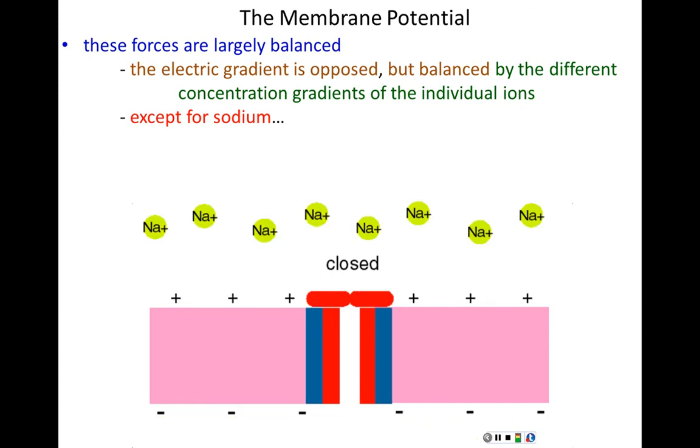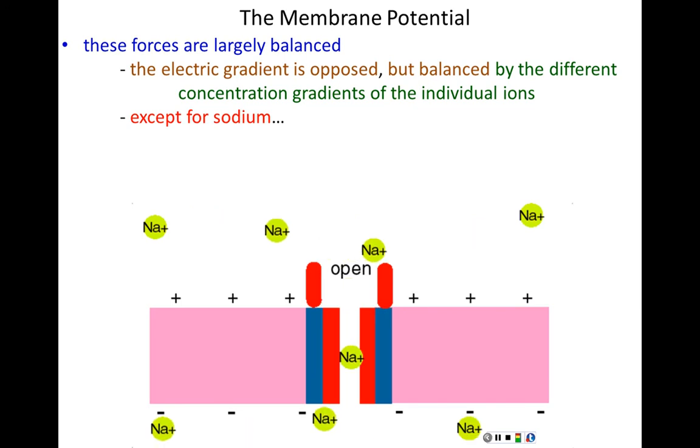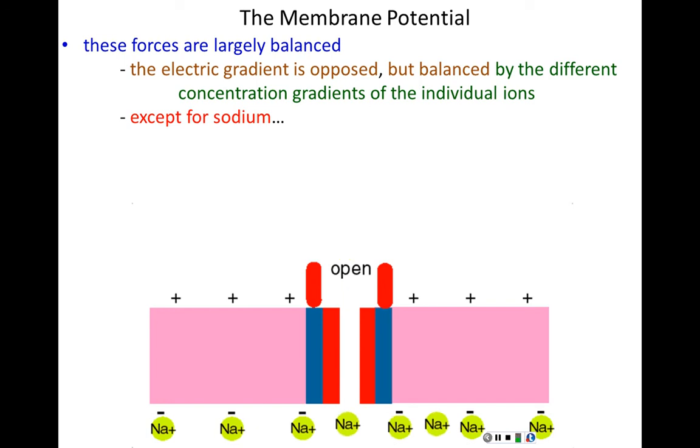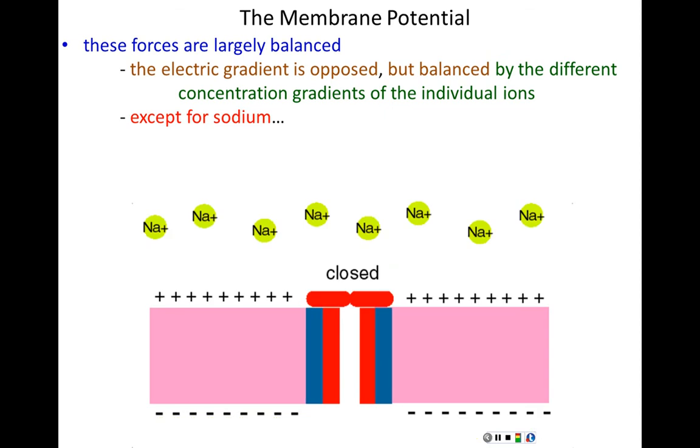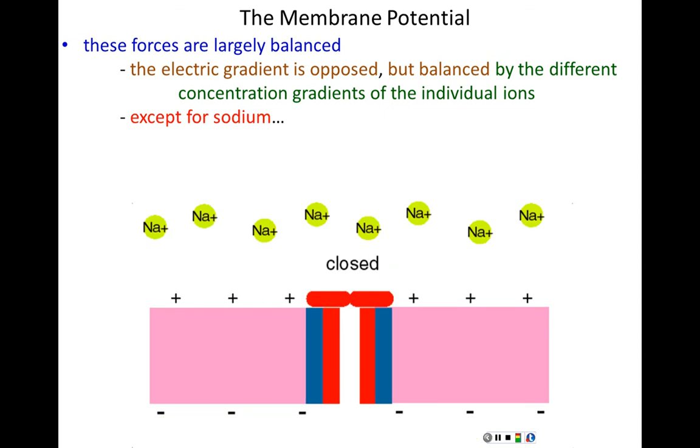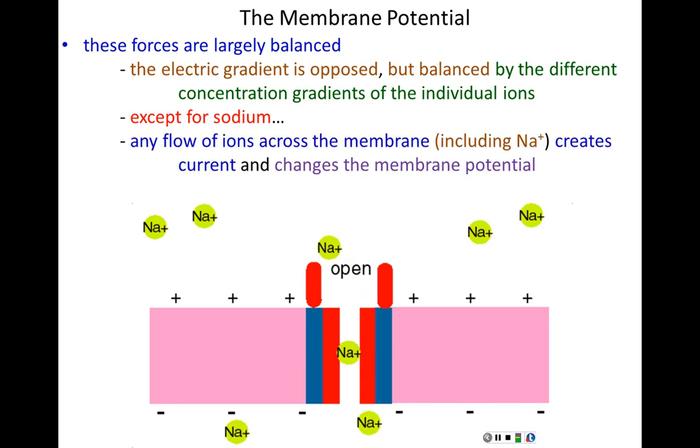So when the channel for sodium is closed, sodium is kept outside the cell, but when that channel opens, you better believe, like water through the Hoover Dam, sodium rapidly and chaotically flows through that channel, entering the cell. When sodium does so, it is following its concentration gradient as well as its ionic gradient.